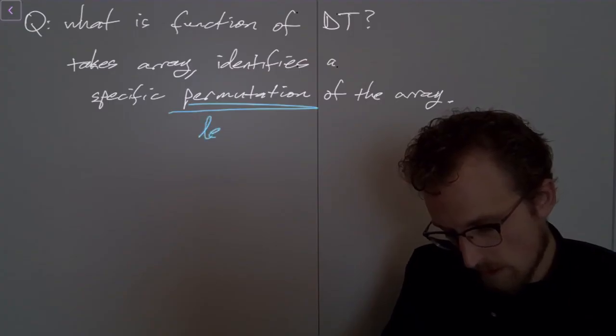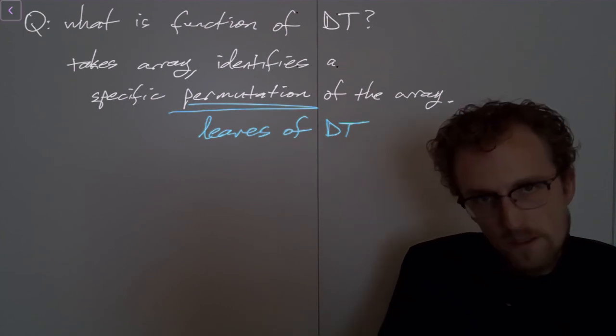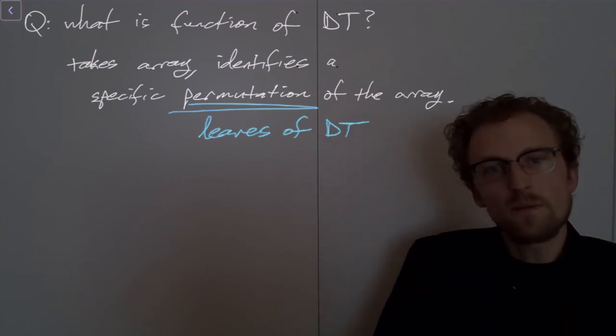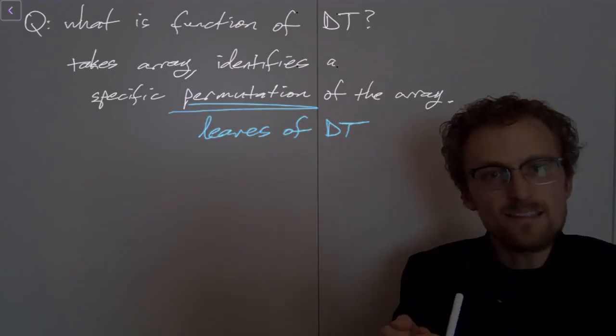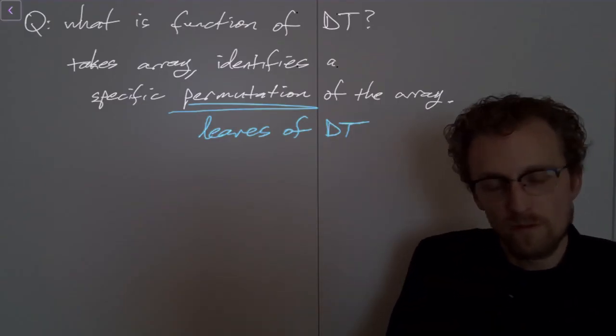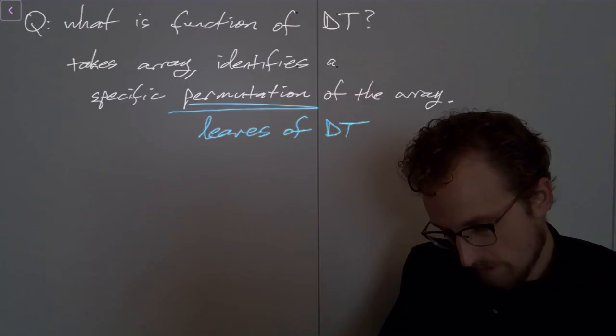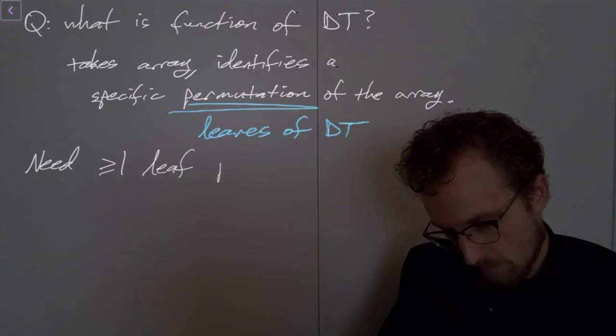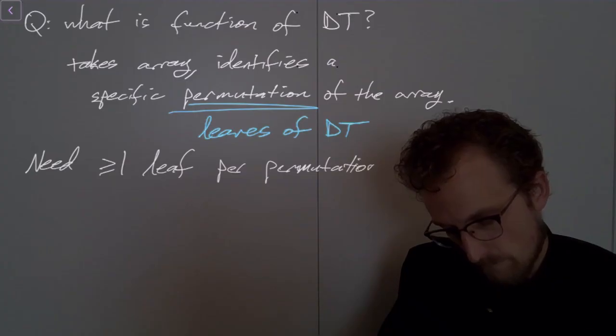So these are the leaves of the decision tree. And for the decision tree to be expressive enough to actually solve the problem, it has to have at least one leaf for every possible permutation of the array.